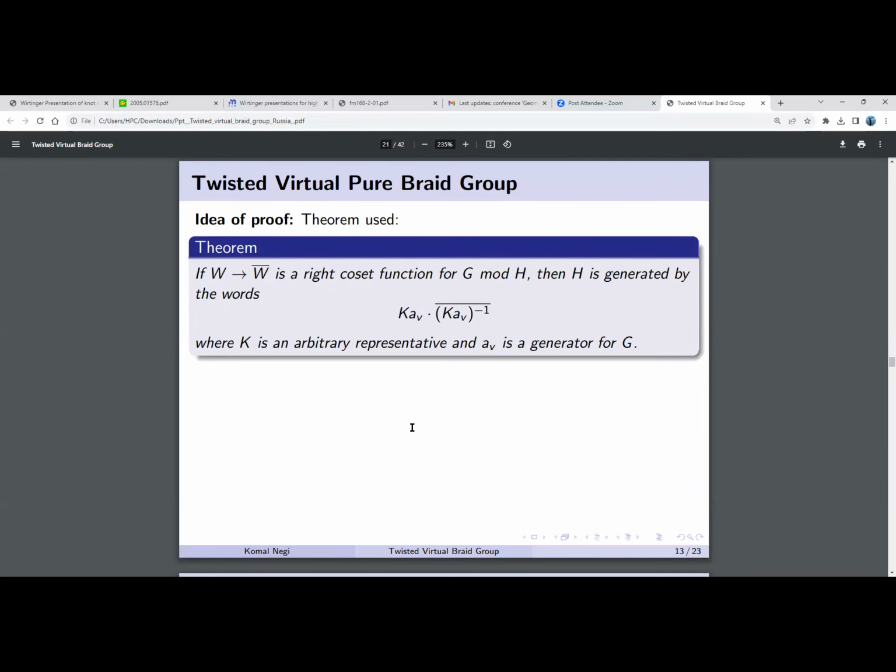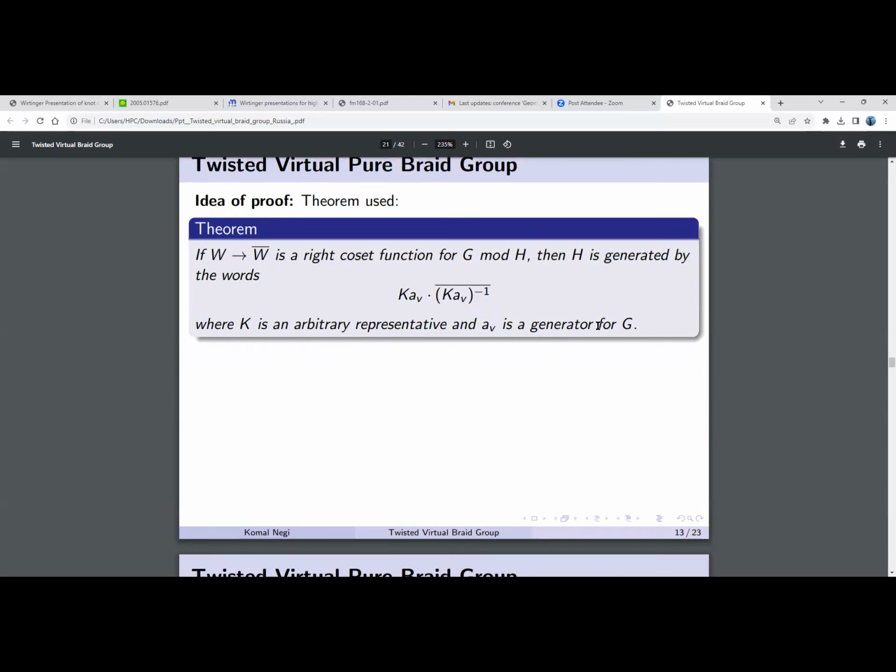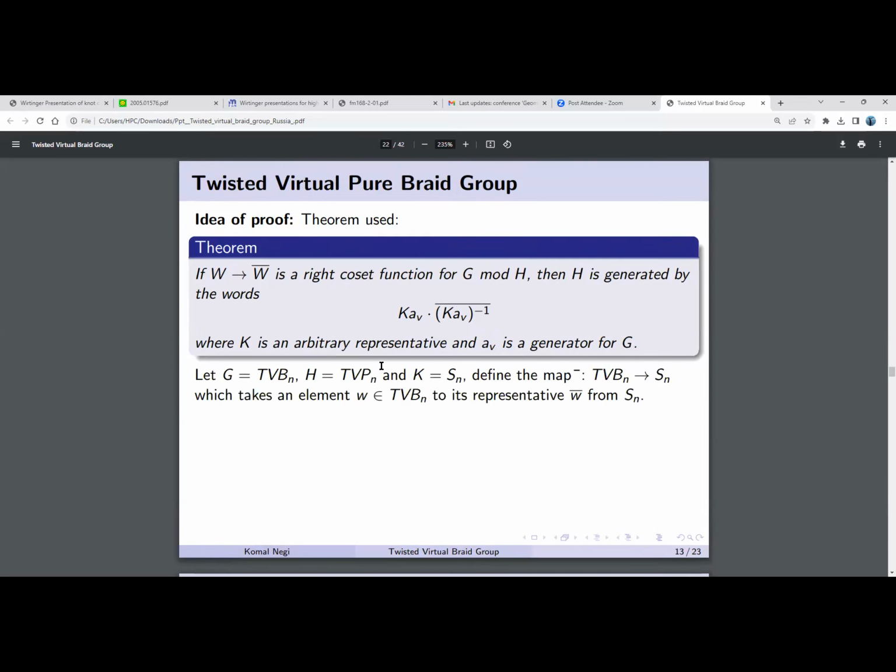For this presentation, we have used the Reidemeister-Schreier method, which says that if we have a group with a presentation in terms of its generators and relations, and if we have a right coset function for G modulo H, where H is one of its subgroups, then we can find the generators and relations of this subgroup by using the generators and relations of the group.